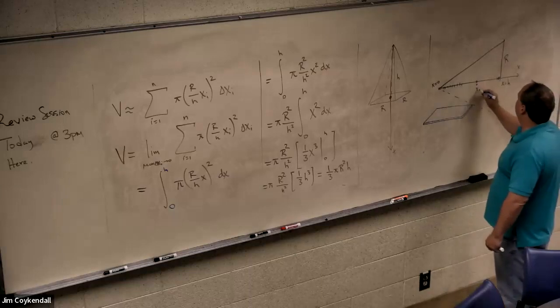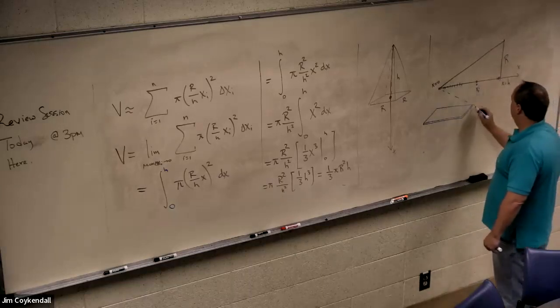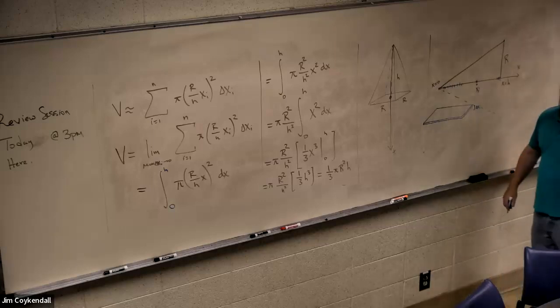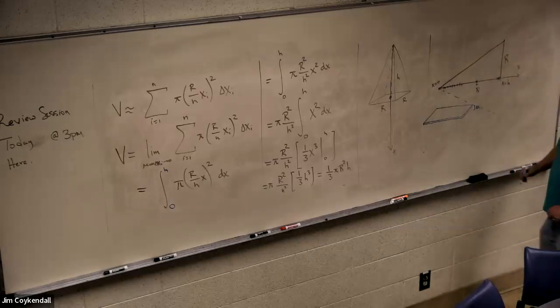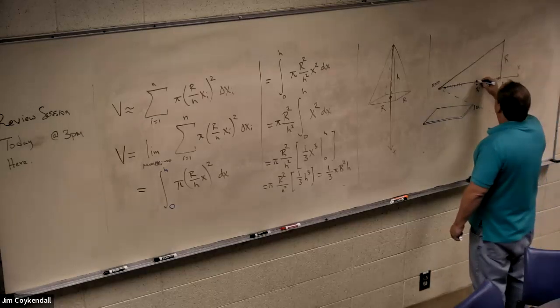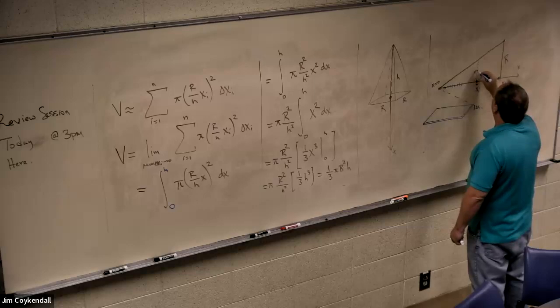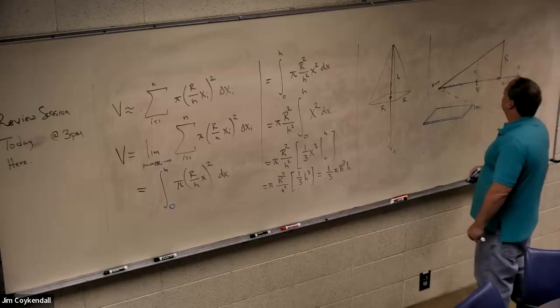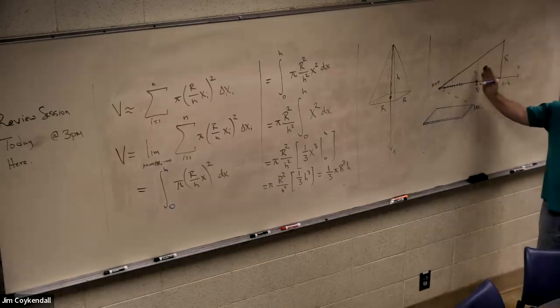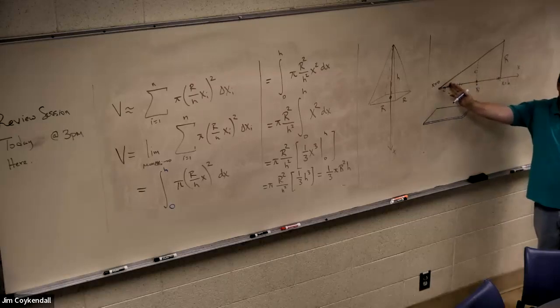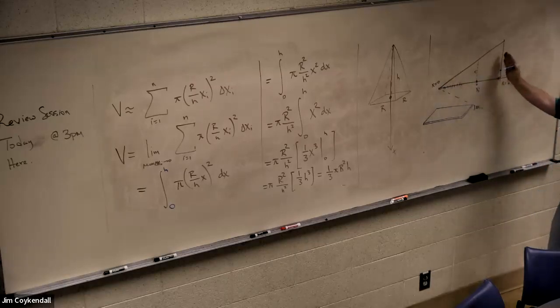This is delta xi, so the thickness is delta xi. Now be careful here. I'm going to call this R sub i, because notice my R varies. Down here it's pretty small. Up here it gets big.